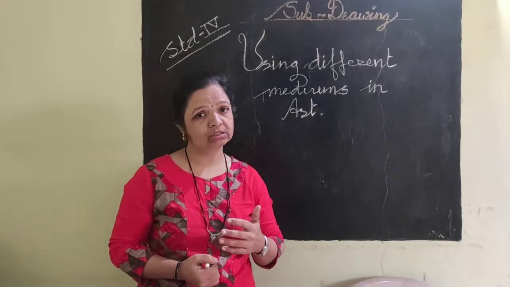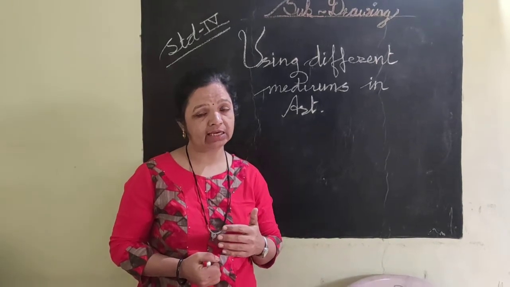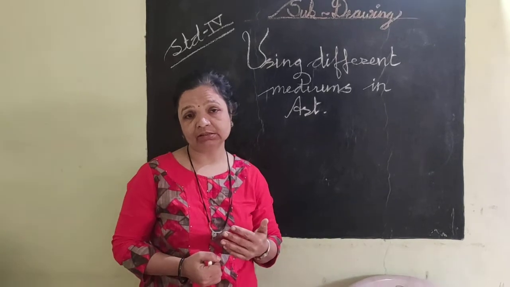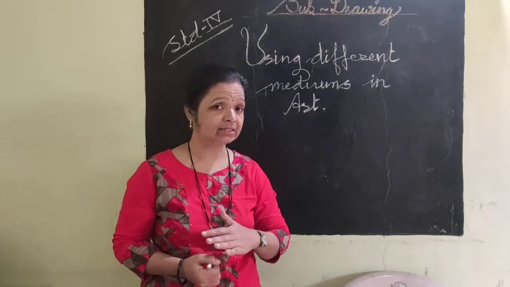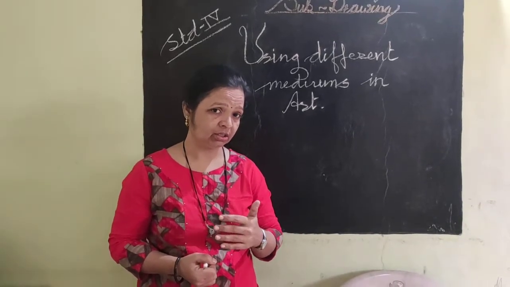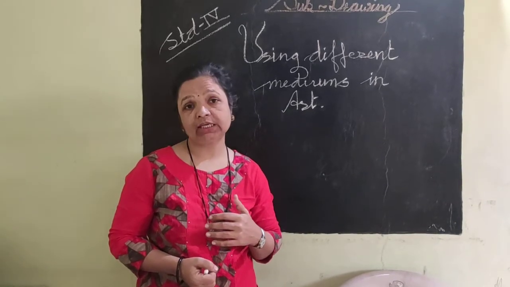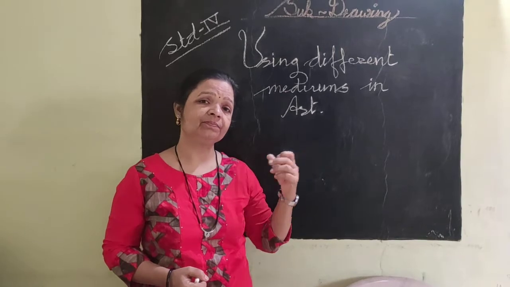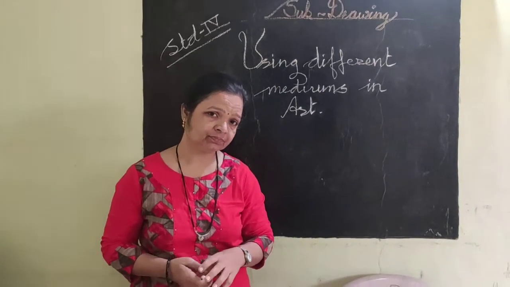When we use different types of color paints and different design patterns in our painting, that type of painting in olden age was called folk art. Okay, so let's learn that technique.